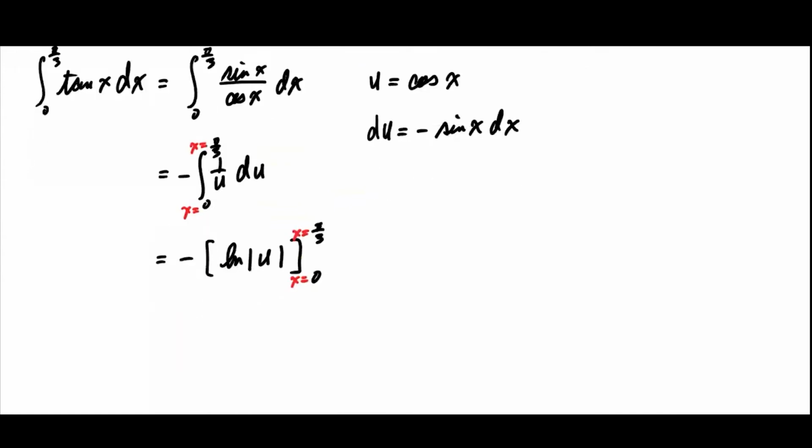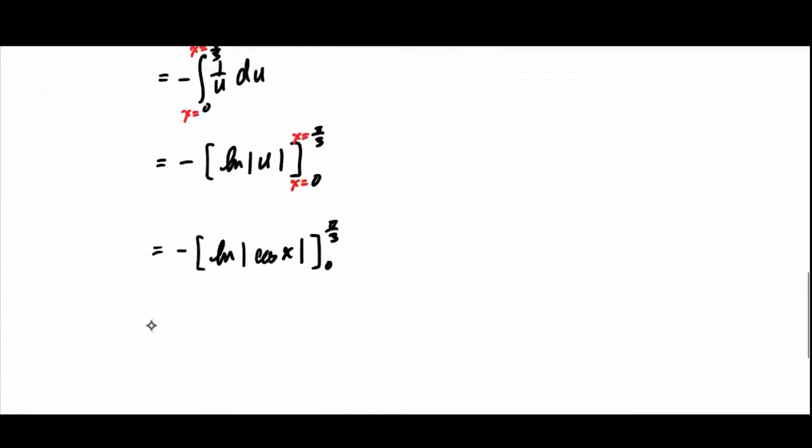Now we have to substitute u back like we did before. So ln, what is u? u is cosine of x. Now we can just write 0 to pi over 3 because x varies from 0 to pi over 3. You get it? Now let's see. Somebody tell me what's cosine pi over 3?